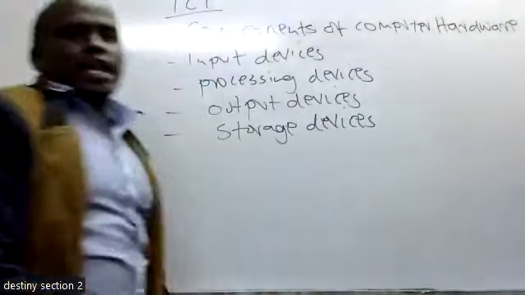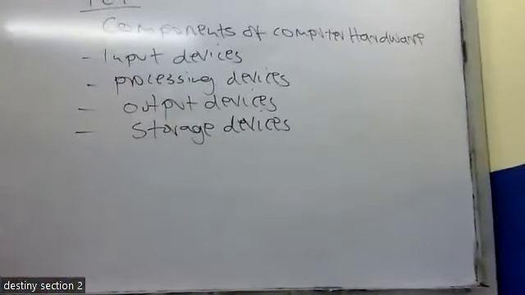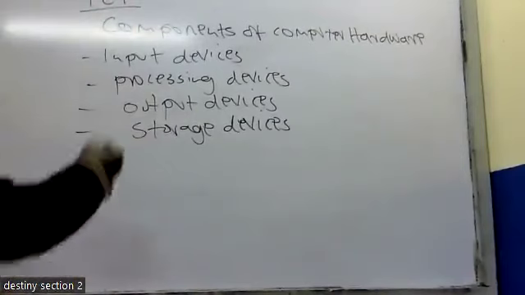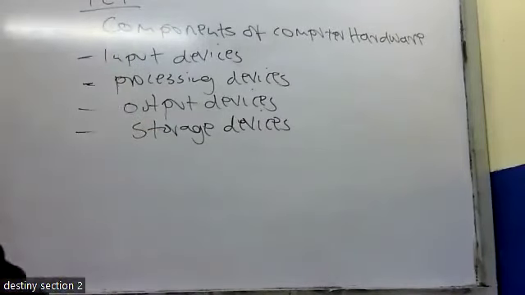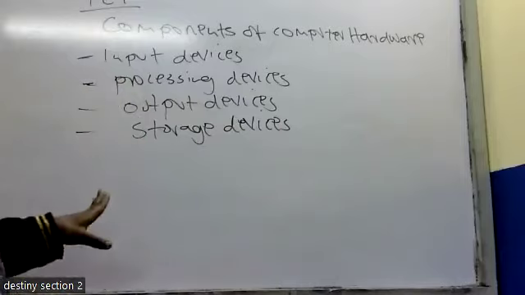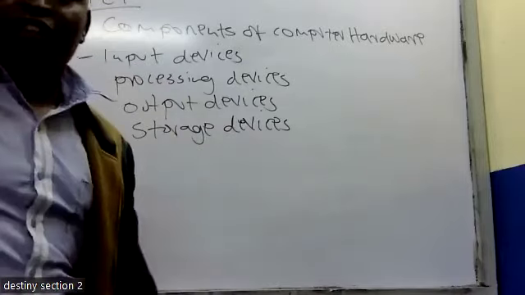And then we said yesterday, the computer hardware is the physical and tangible components of a computer. So these components are: one, input devices; two, processing devices; three, output devices; four, storage devices.